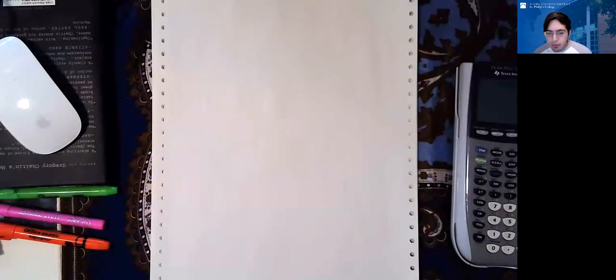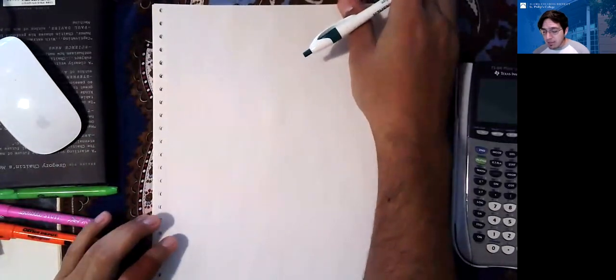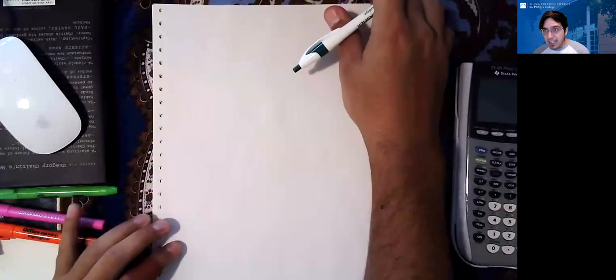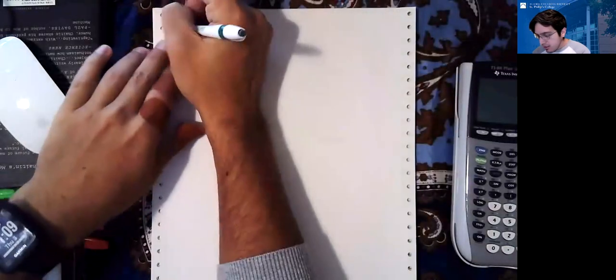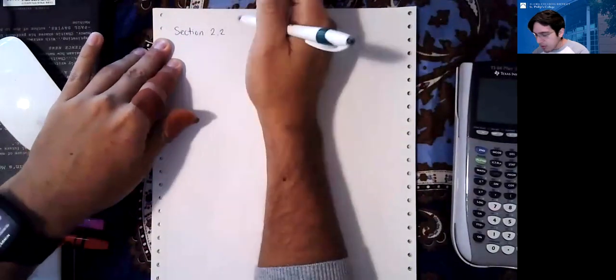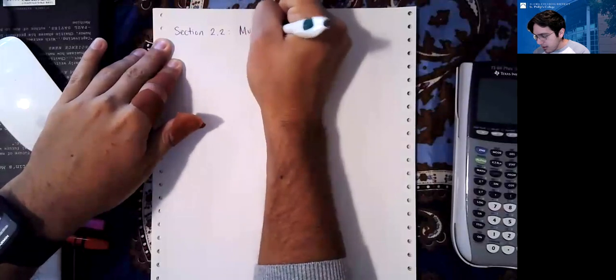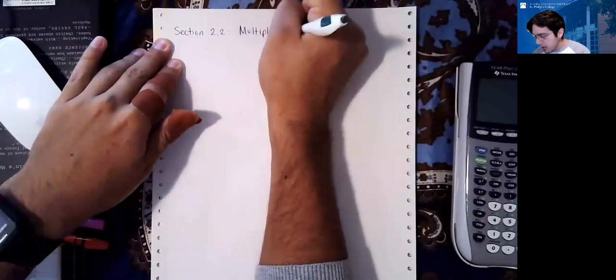Today, we're going to focus on multiplying and dividing fractions, and we're going to be able to tackle both of those operations because multiplying and dividing fractions is a lot easier than adding and subtracting fractions. So this is going to start us off in section 2.2. I know I'm a little bit out of order, don't mind that. I think this is a more natural order for us. Multiplying fractions.